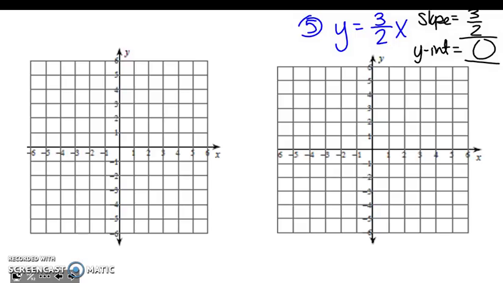So we're going to graph that first point at where y is 0, which is right here smack dab in the middle. And then you're going to go positive 3, 1, 2, 3, positive 2. I can do that again. Or I can go back to the y-intercept and go down 3 and left 2 to create that double negative movement.